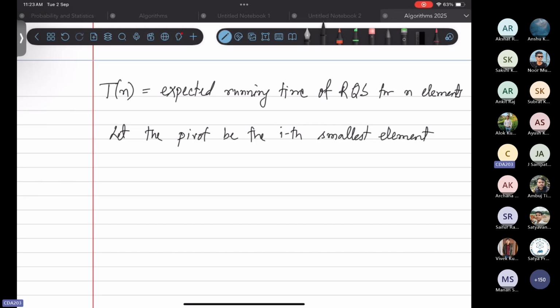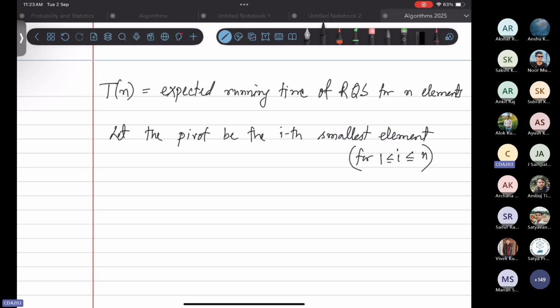Right. So what could be the range of this i? Let's assume that we have numbers from 1 to n. i could be 1, where 1 means the smallest one, and n means the largest one. Right? It could be any of these.